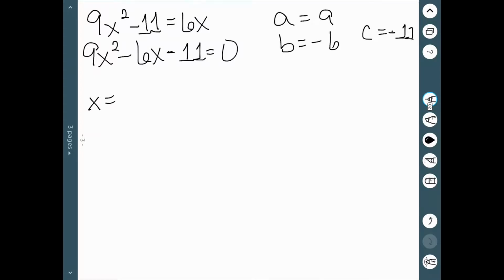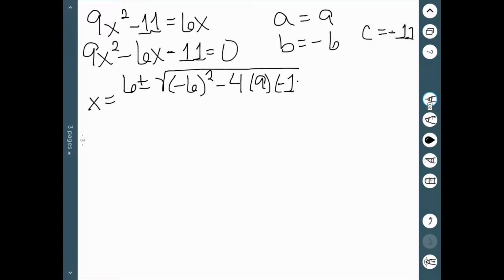Negative b, which is negative negative 6, or just 6, plus or minus the square root of b squared, so negative 6 squared, minus 4 times a, which is 9, times c, which is negative 11, all over 2 times a, which is 9. And now we get the job of simplifying.